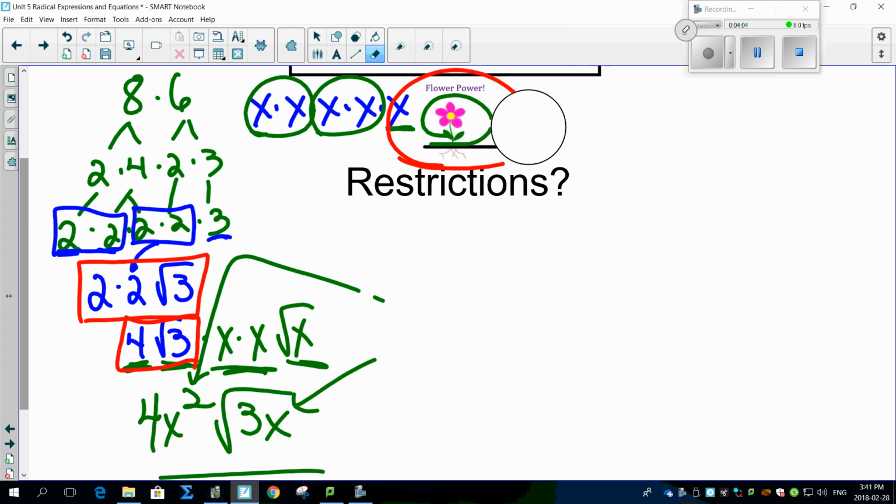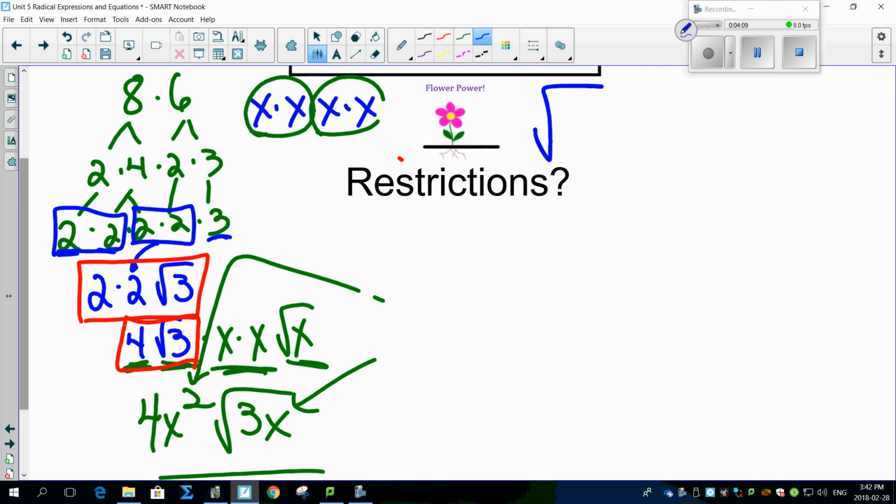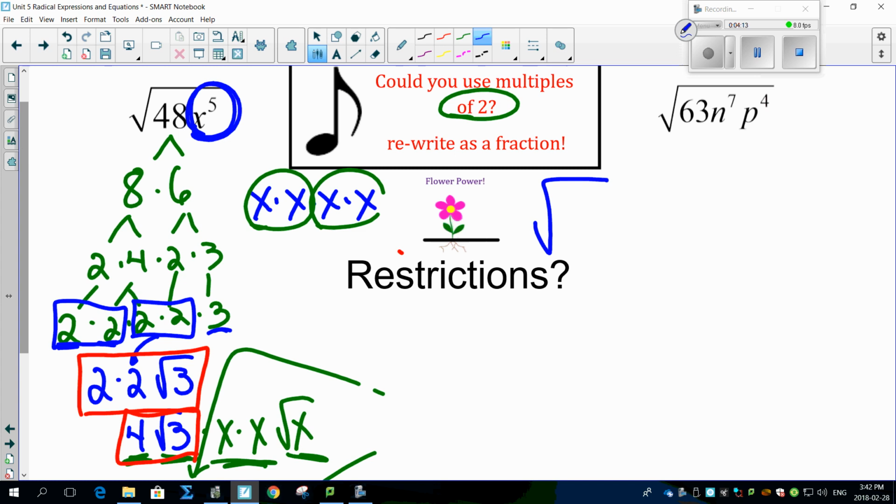Let me erase this. Now, think about this. We had the square root of x to the 5. What I'm saying is put this down as a fractional exponent, the thing that you learned in grade 10. So there's the power, there's the root.